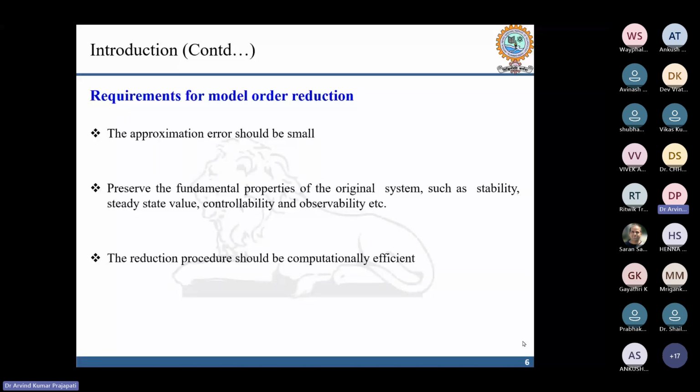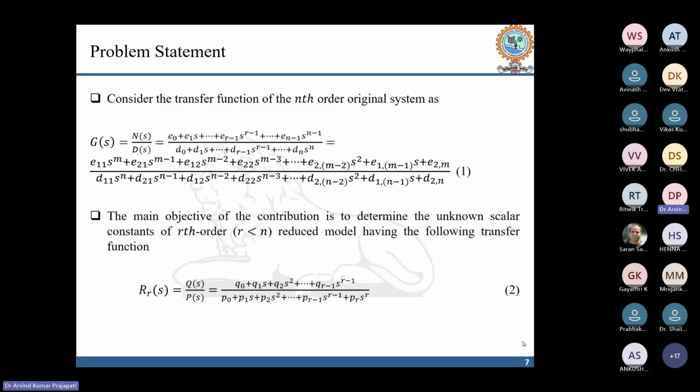And overall, whatever methods you use or propose must be computationally efficient, not very complicated or lengthy.